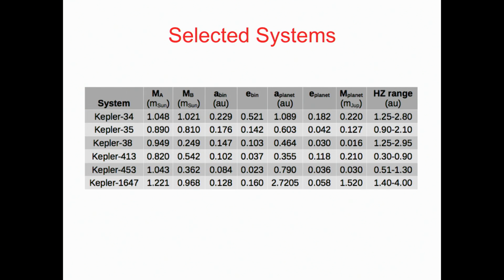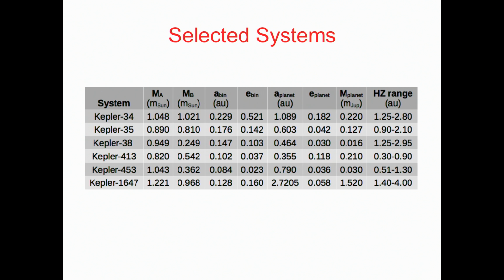So the idea is the following. From those 21 cases, we select those that we had, let's say, better data, more complete full data that could be simulated. And so we reached this number of 6 systems.